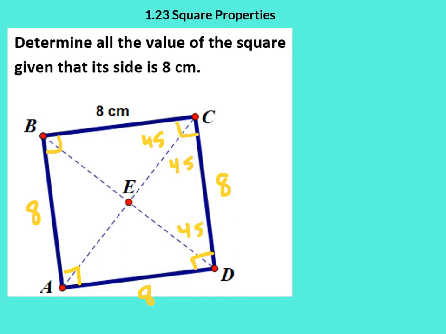We would also know that the interior intersection is 90 because the diagonals intersect perpendicularly. We know that these guys all have to be the same as well. To see how much we know, all based on just this, that this is a square with a side of 8. Now the only thing we do not know yet is the diagonal.